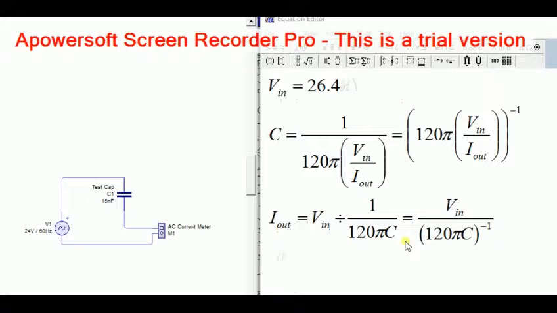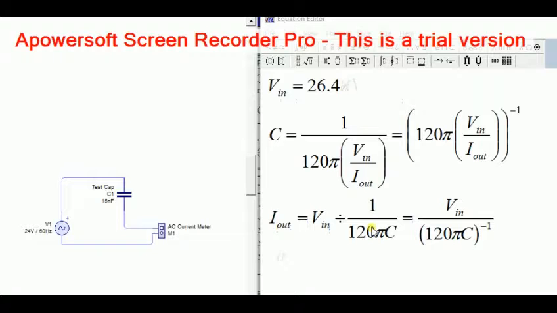There are two equations: one solves for capacitance and one solves for current. For capacitance, you enter the voltage and current and get the capacitance in farads. For current, you enter voltage and capacitance and get your current in amps. It's like Ohm's law and reactance put together.